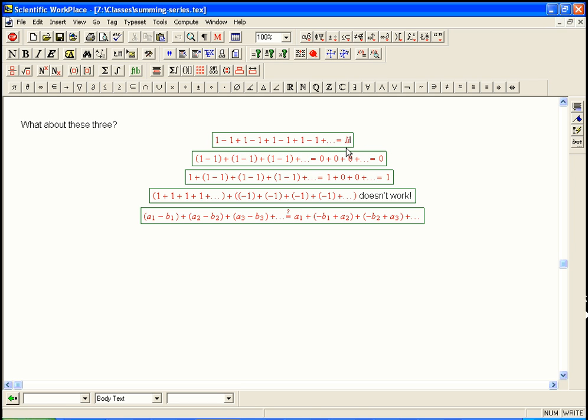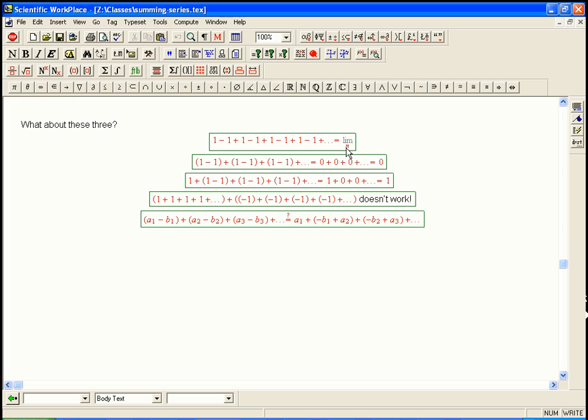So it's the limit as n goes to infinity of the following sequence: 1, 0, 1, 0, 1, 0. It keeps going back and forth. That doesn't exist. So this guy is certainly not equal to either of these. It vacillates between the two answers, and that doesn't exist.